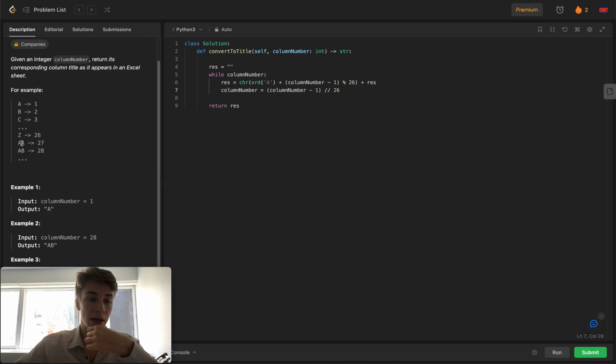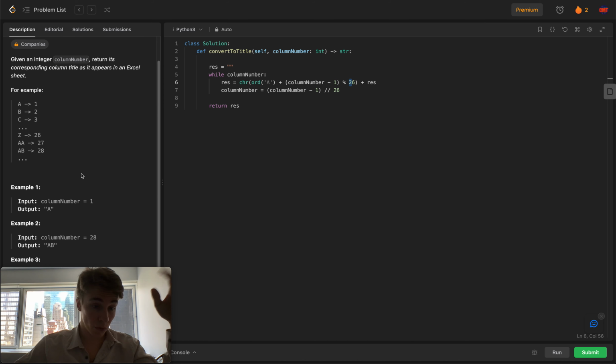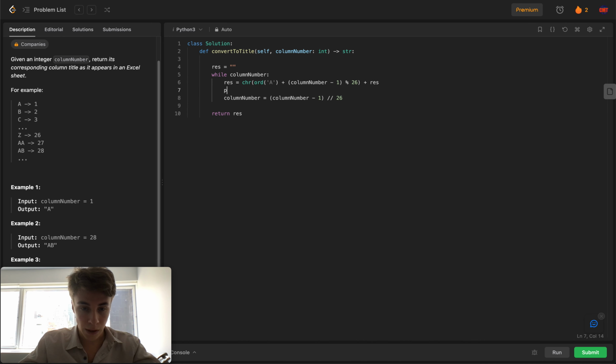So I'm saying from my 27, the first thing that I want to get rid of and not know anything about is this initial A or this B. And how does that happen? That happens by me saying 28 divided by, well, first of all, taking the modulo of 26, but then when I want to get rid of that entirely, I say, let's actually print this.